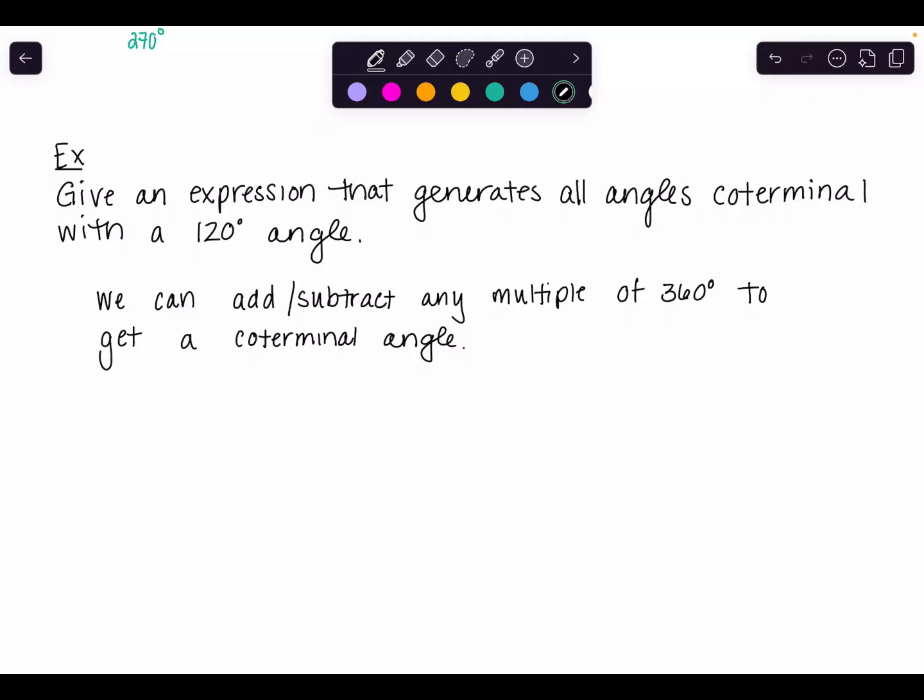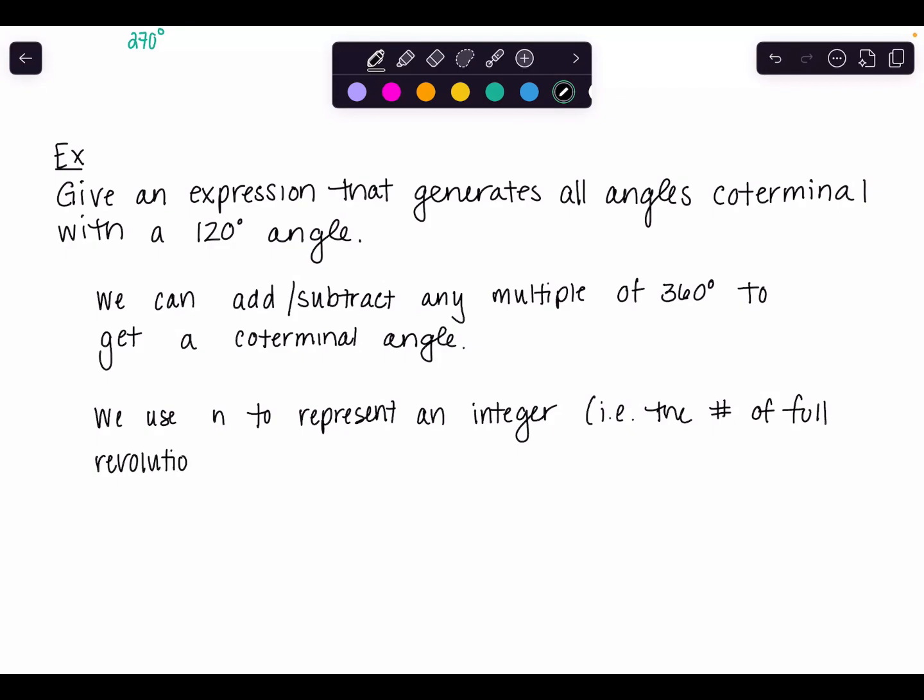So typically what we do is we let n represent the number of revolutions that you're taking. So we use n to represent an integer, which again is the number of full revolutions. Okay.